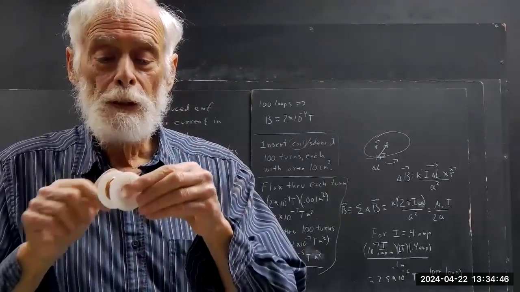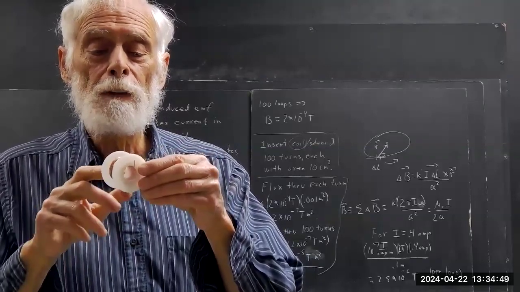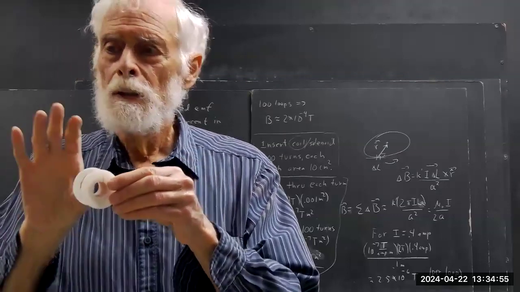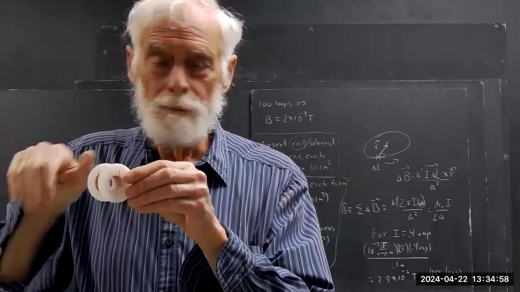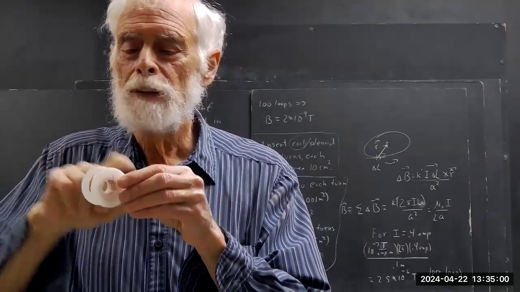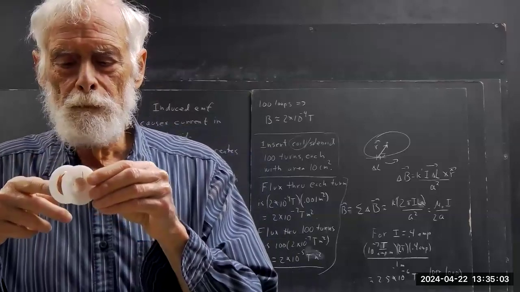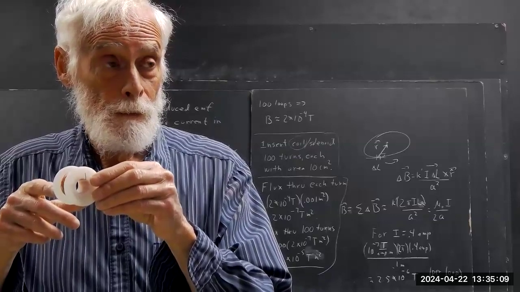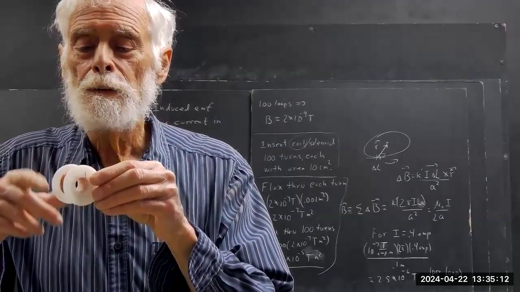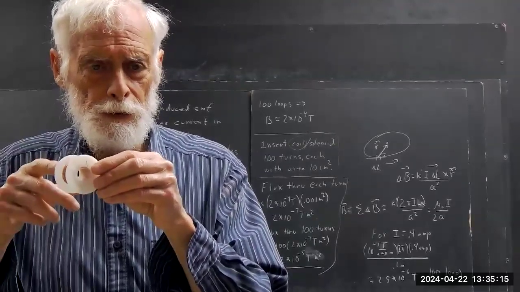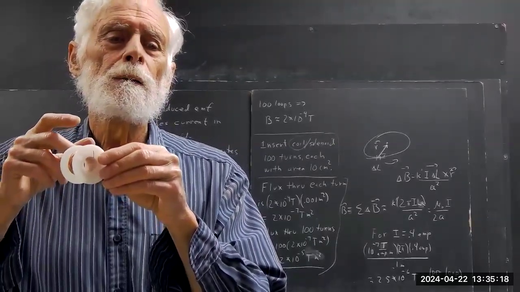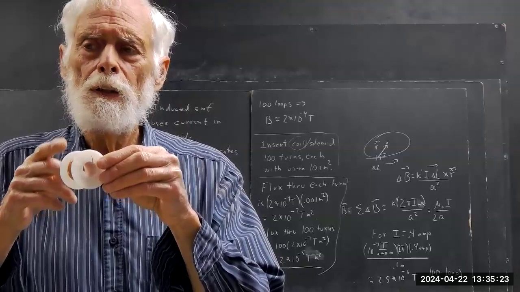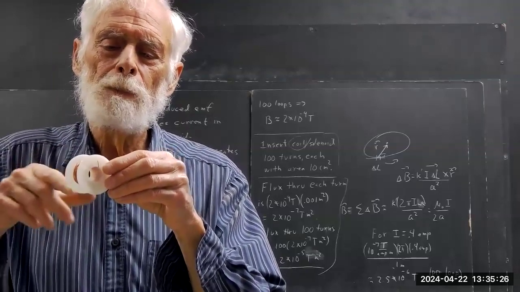If the current in these wires themselves changes too fast, you get an EMF that acts opposite to the EMF of the magnetic field. Let's say the magnetic field is producing an EMF that tends to run the current counterclockwise. As that counterclockwise current increases, it creates a changing magnetic field in here that causes an EMF that tends to make the current want to go this way.